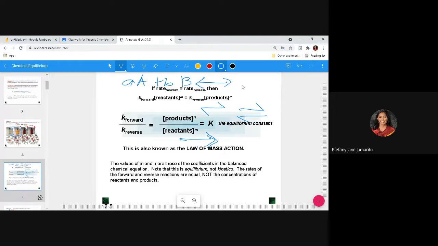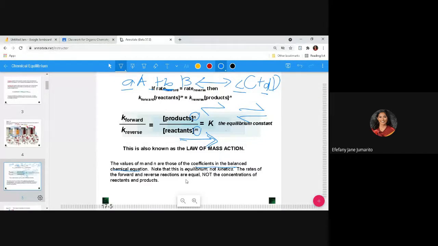Now, if we have a product C and then big C plus D, and then we have the big D. So our coefficients here, class, are the M and the N. Those are the coefficients in the balanced chemical equation. Note that this is equilibrium, not kinetics.